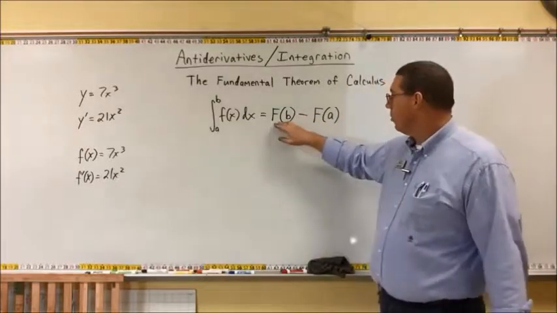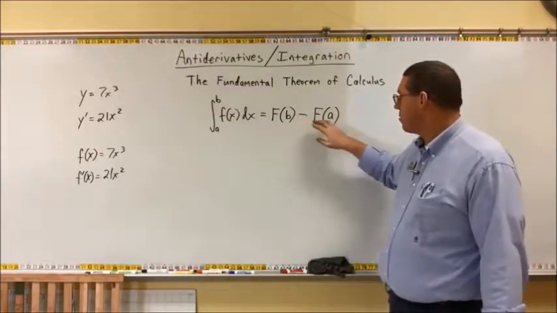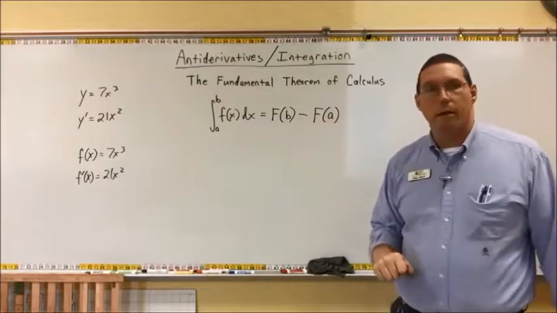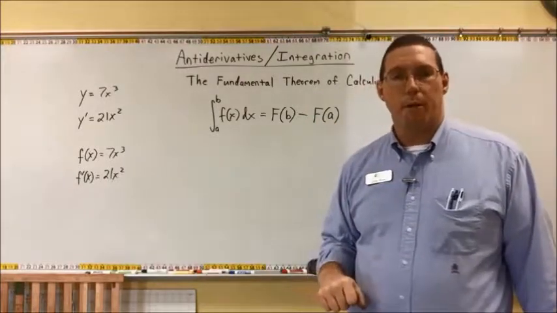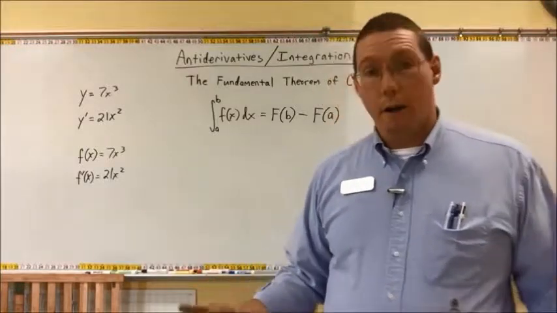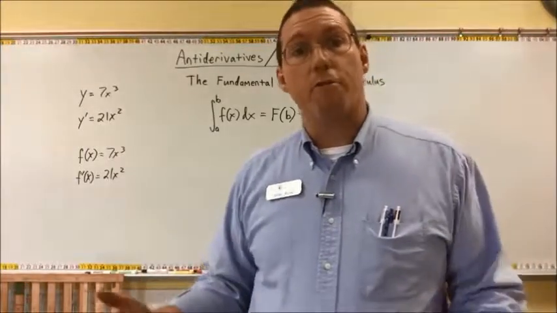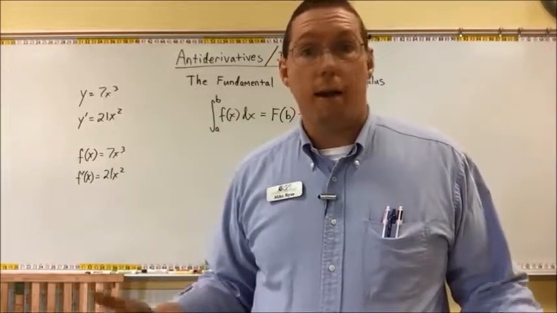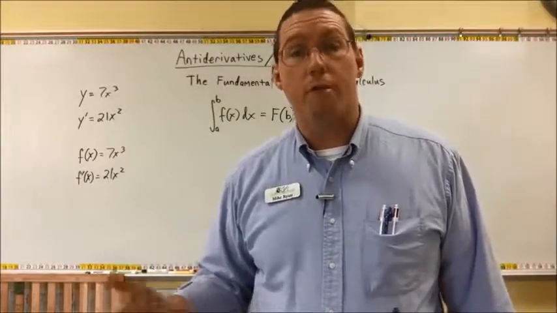Subtract with the upper limit plugged in minus the lower limit plugged in. That'll be your answer. And it's always going to be a number. With definite integrals, the answers are always a number, not a function, not an expression.